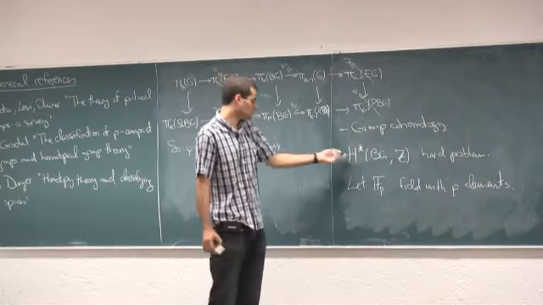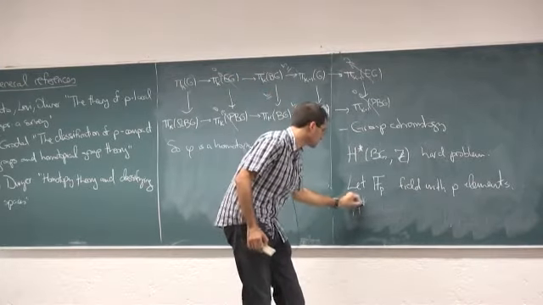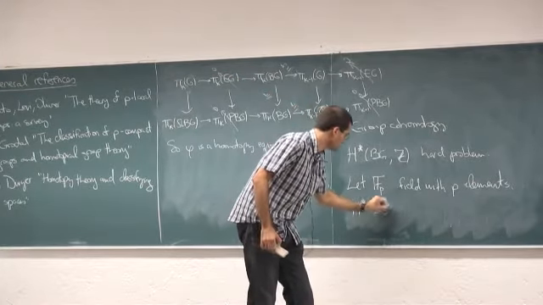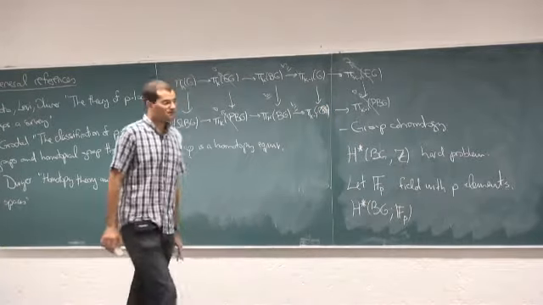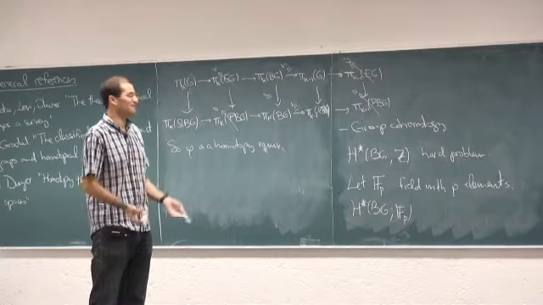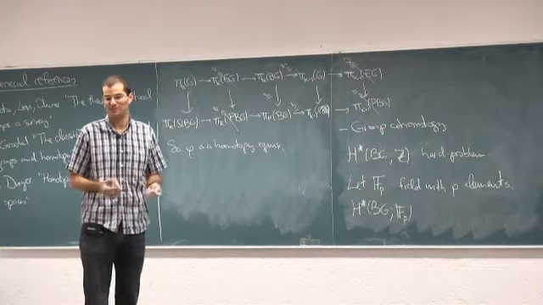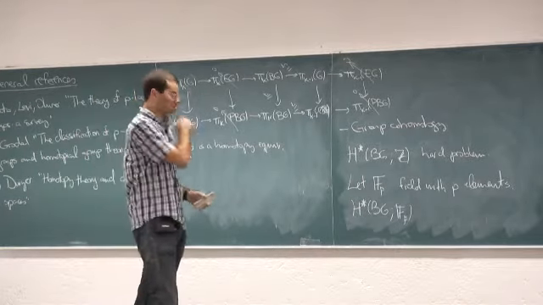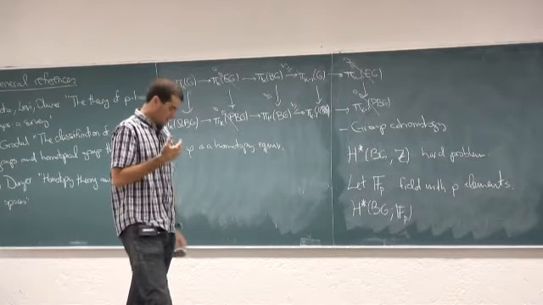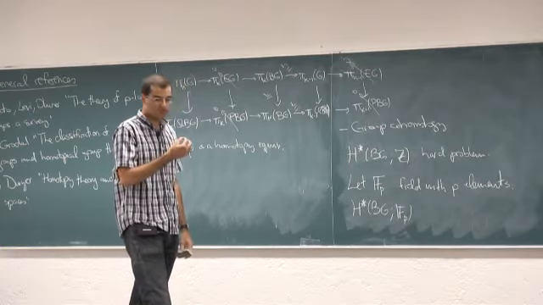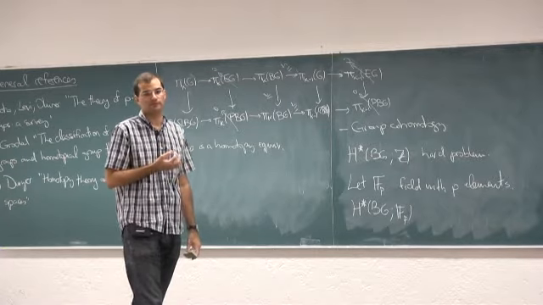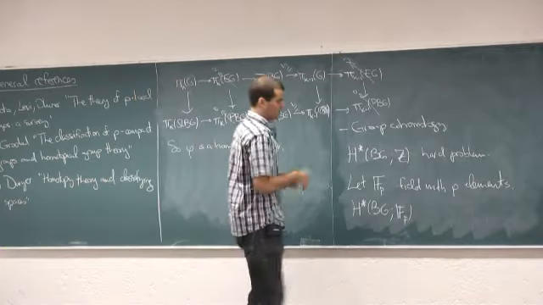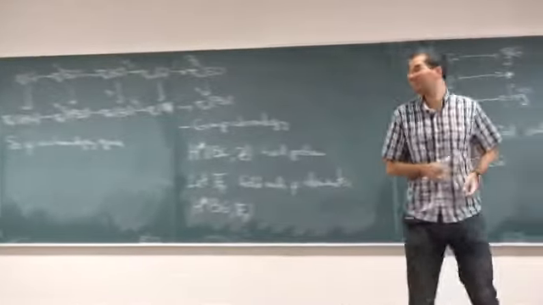So instead of computing that, how about I try to compute this? H*(BG) with coefficients in Fp. And it turns out that this is, I'd like to say easier, but it's really not that much easier in a way. Right? But it's easier in the sense that we reduce the problem and we reduce the quantity of groups that we have to deal with. So, well, let me stop talking and start writing.